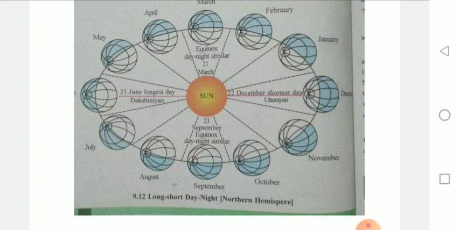This picture is about long and short day and night in the northern hemisphere.